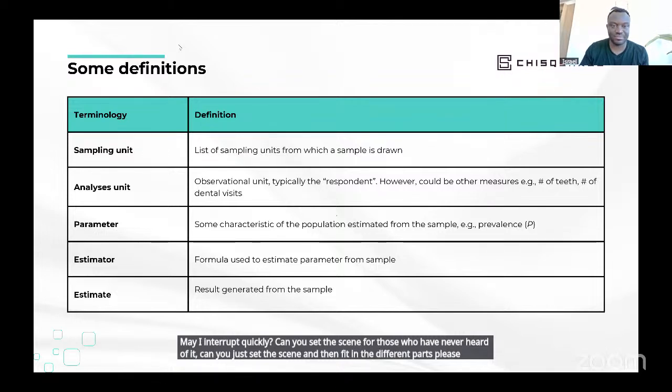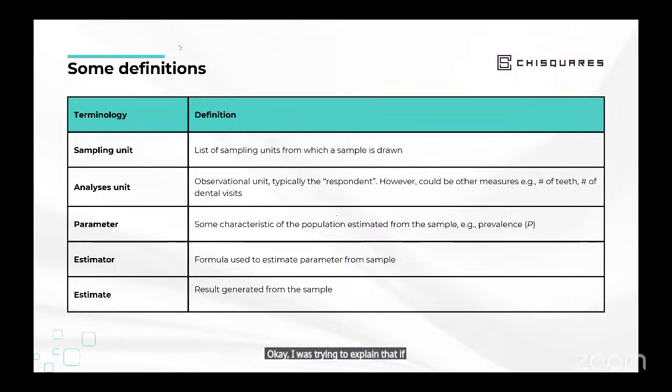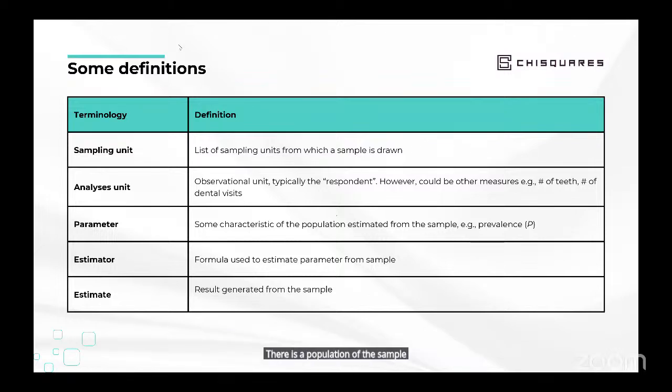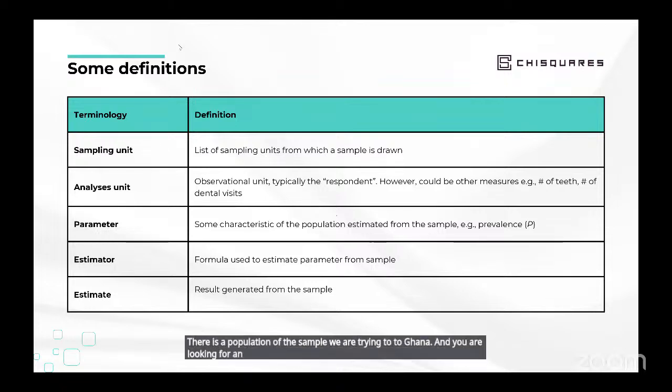Okay, I was trying to explain that if you are talking about the sample and the population, and you are looking for an estimate, you could not go to the field directly to get the total sample.